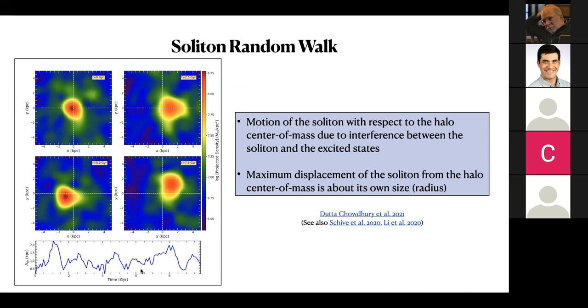The offset as a function of time is plotted below, and the typical or maximum offset is about the soliton radius. And again, both these effects, the oscillation of the soliton that I was showing previously and this motion of the soliton, happen because of the interference between the ground state, the soliton, and the excited states that surround the soliton.